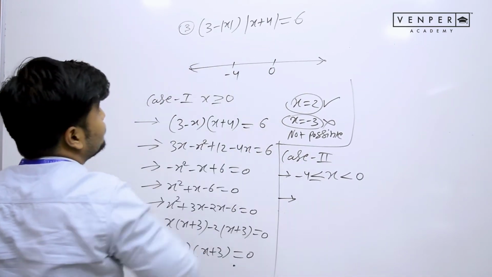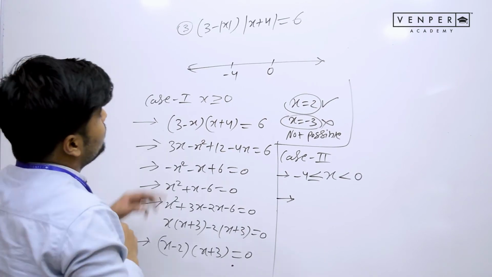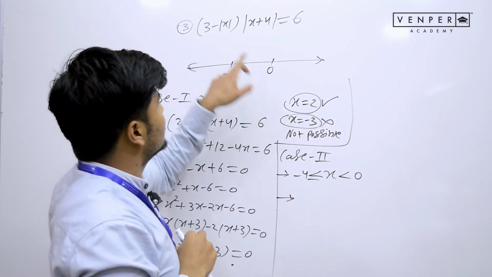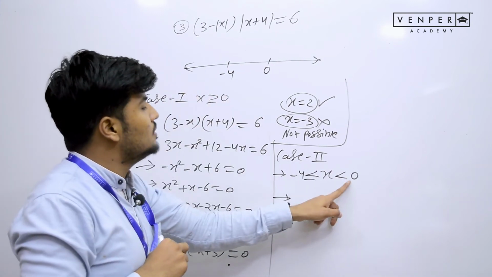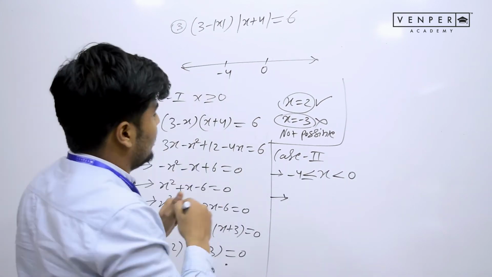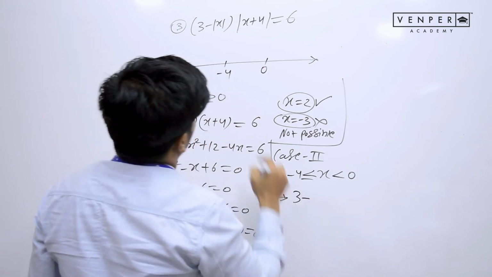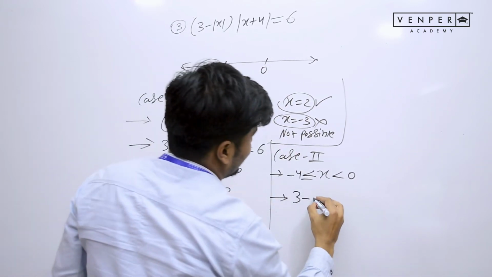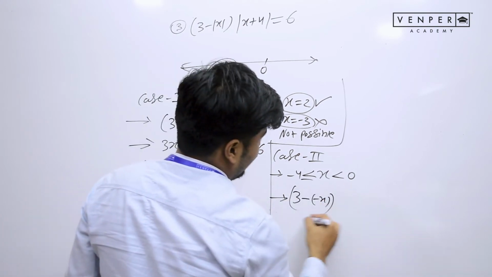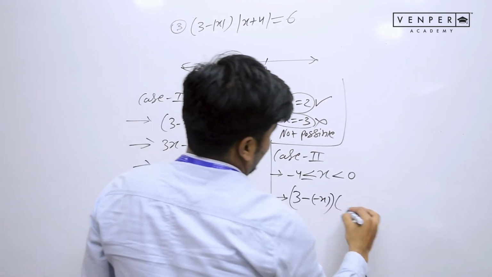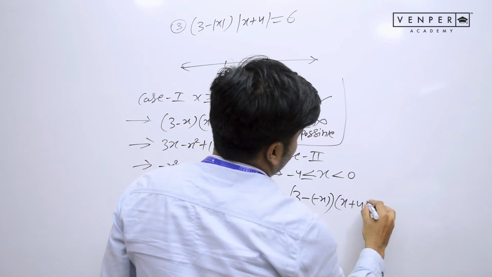What about modulus of x? The critical point for this is x equals 0. If you take any value of x less than 0, it will become negative. So I will write 3 minus modulus of x as 3 plus x, since modulus of x becomes negative x. And x plus 4 will remain positive.